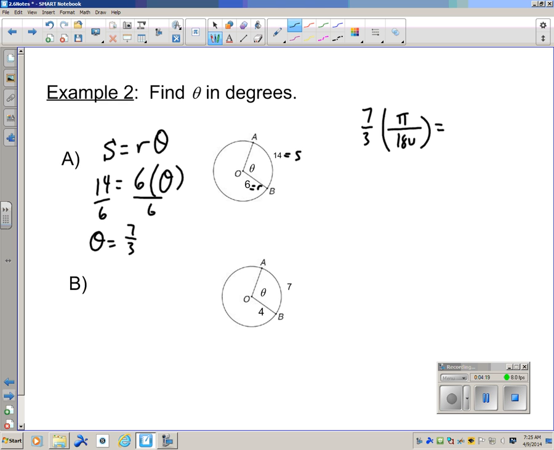This is upside down because theta is in radians. So this is in radians, and we've got to put radians down here, so the radians will cancel out. We can multiply across 7 times 180 and then divide by 3 pi, and when you do that, we end up getting about 133.7 degrees.